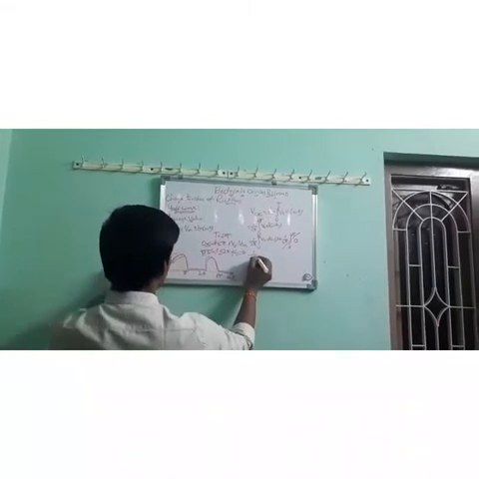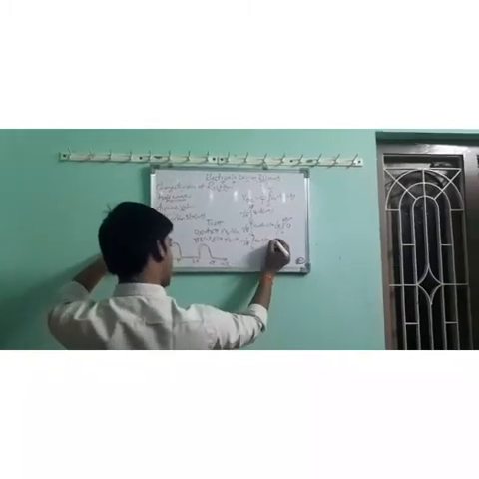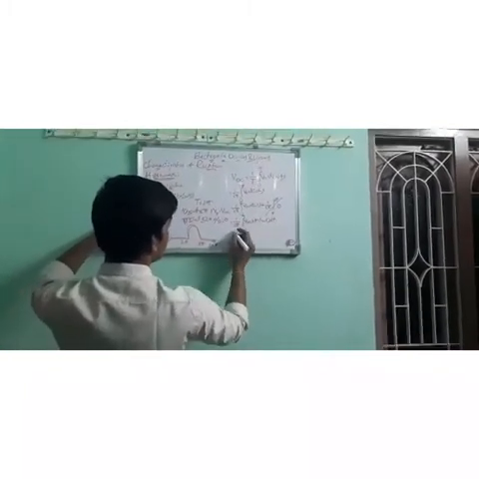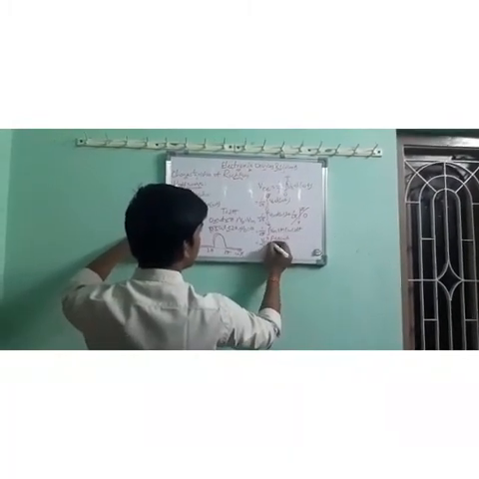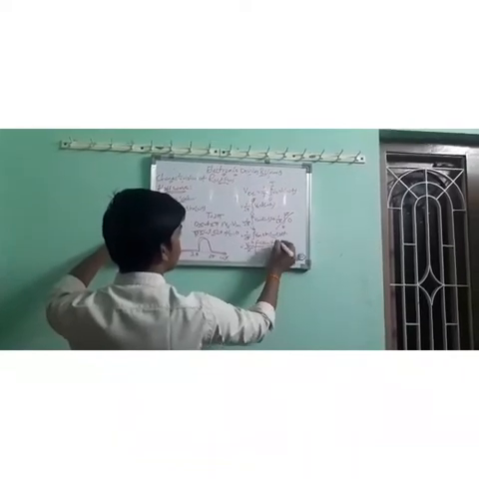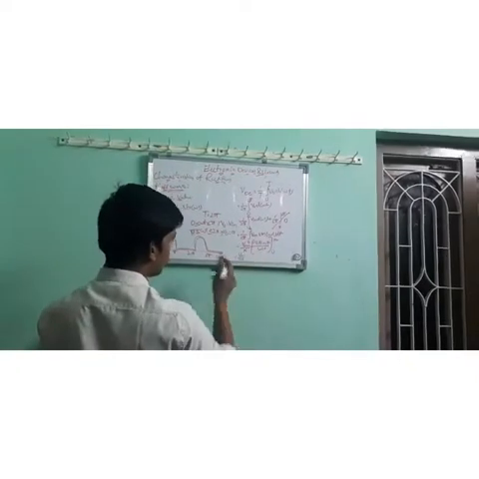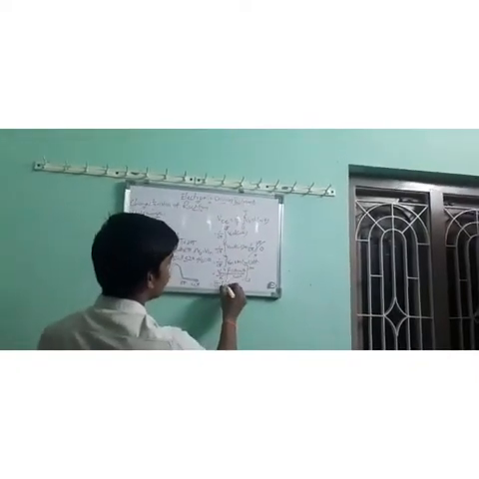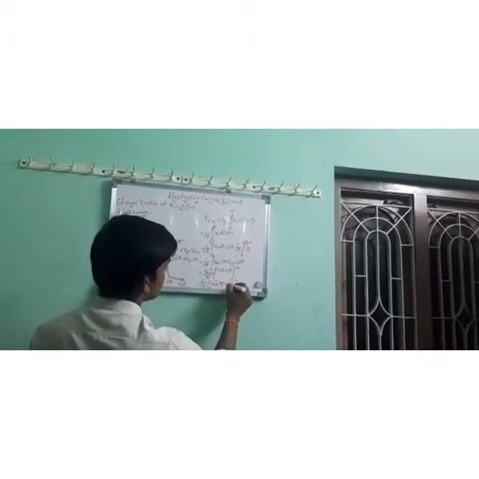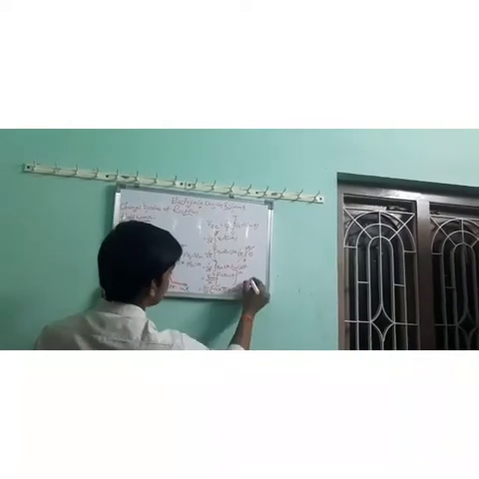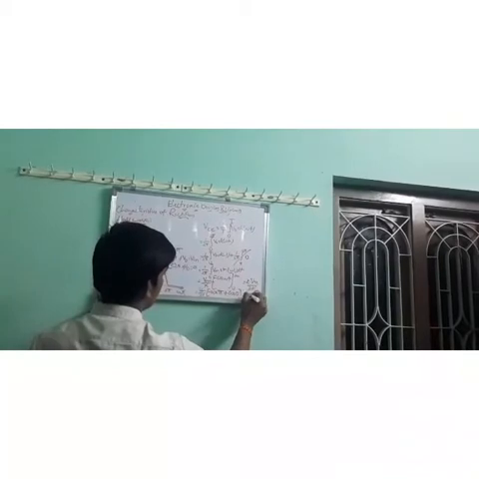So 1 by 2 pi into integral 0 to pi Vm sin omega t d omega t, Vm by 2 pi into minus cos omega t from 0 to pi, Vm by 2 pi into minus cos pi plus cos 0, equal to 2 into Vm by 2 pi, which is Vm by pi.